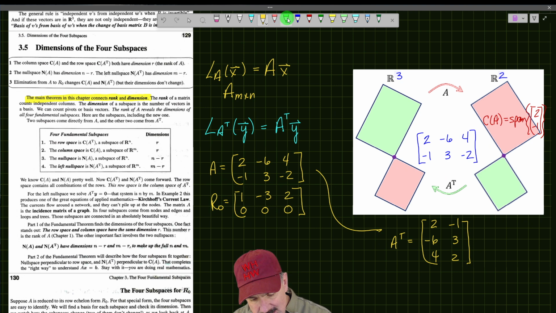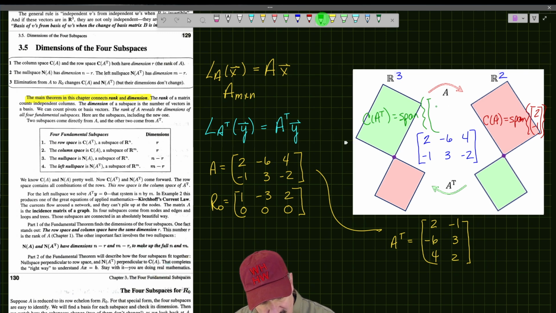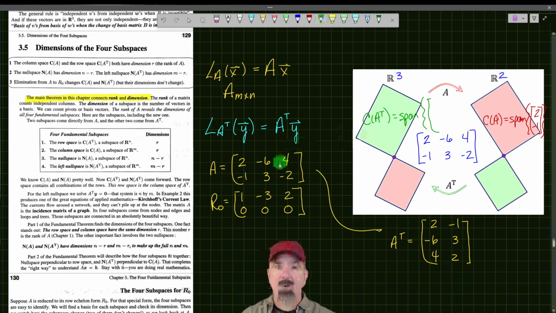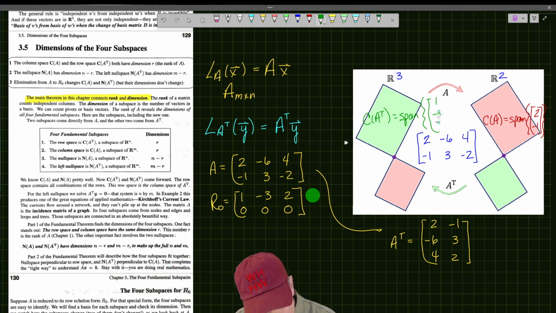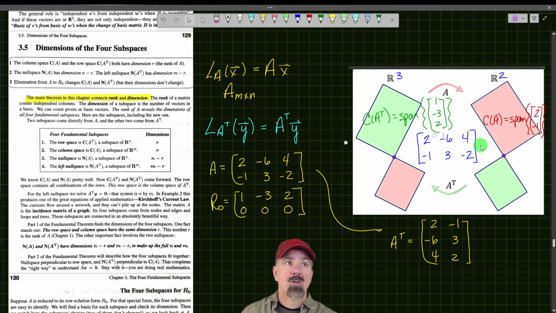So we can easily see that the column space of A transpose, which is the row space, is the span of the vector 2, -6, 4, or remember, when we do the RREF, we can also pull the basis vectors out of here. So it's the span of 1, -3, 2. The dimension of the column space of A transpose is also 1.